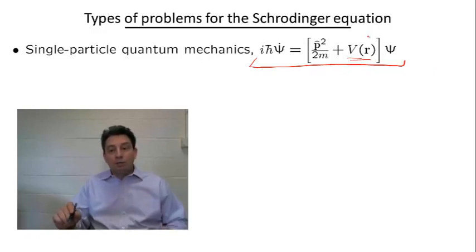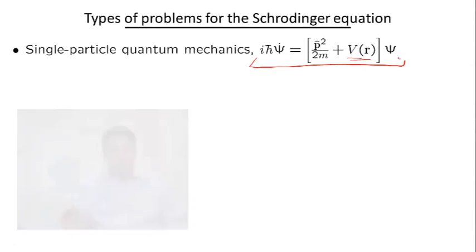But this compactness of quantum mechanics is a bit deceptive, because it can give you the impression that you can solve all possible quantum mechanical problems in one go just by solving this equation. Well, this is a very rich equation, and depending on the choice of V of r, the potential in which the particle moves, we can get completely different physical situations, and understanding them requires dramatically different mathematical approaches too.